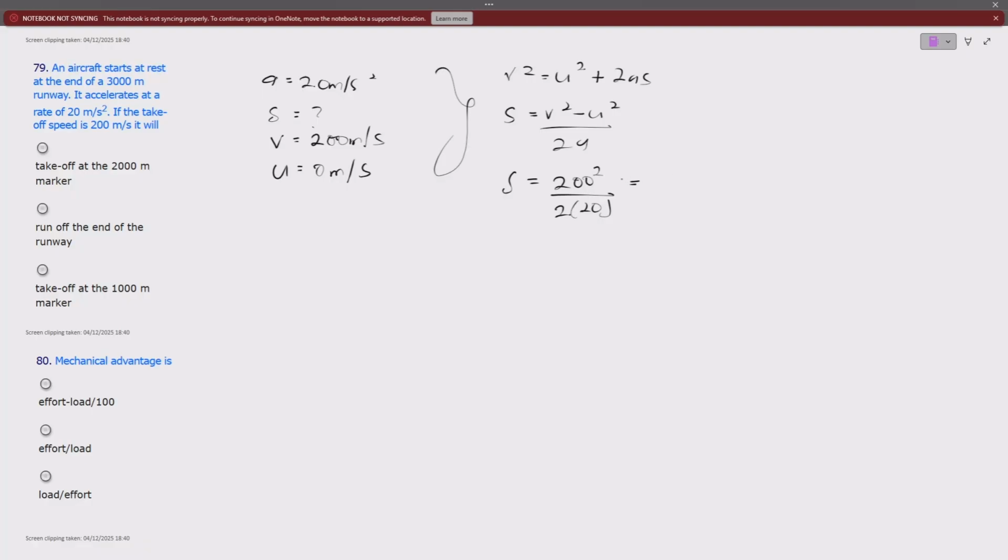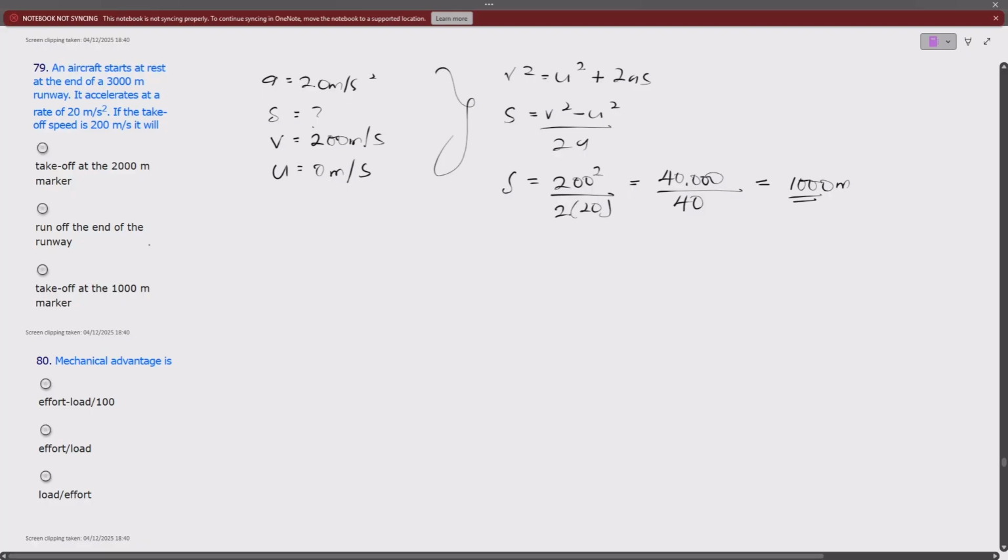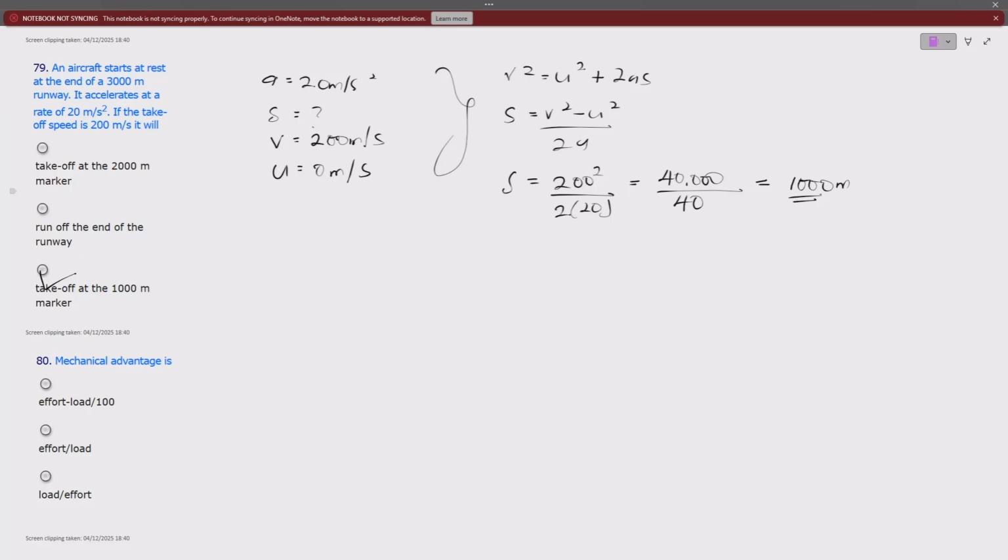That is 40,000 divided by 40, which will give you 1,000 meters. So that is the point that the aircraft took off. Take off at the 1,000 meter marker.